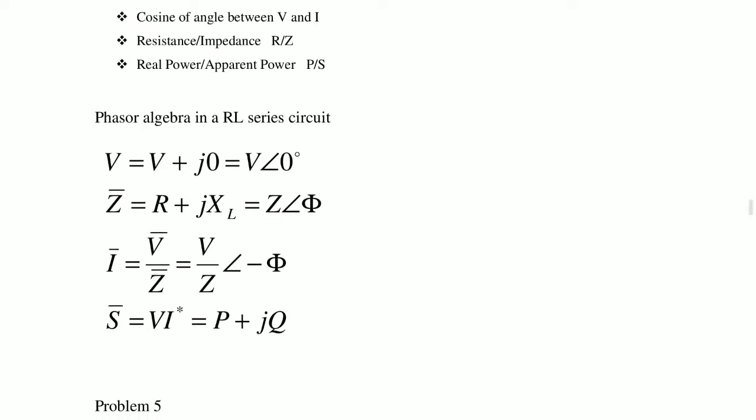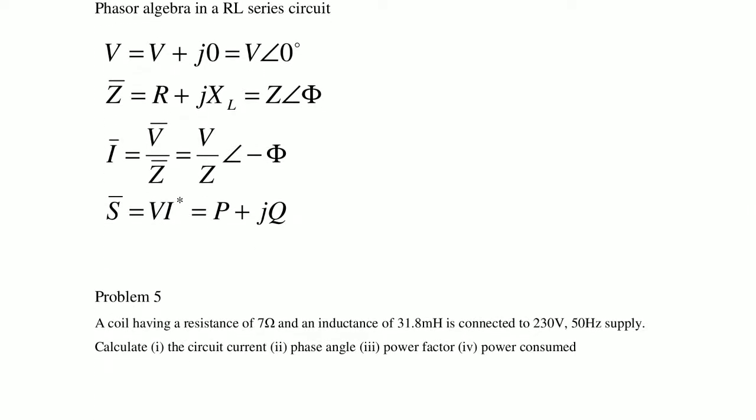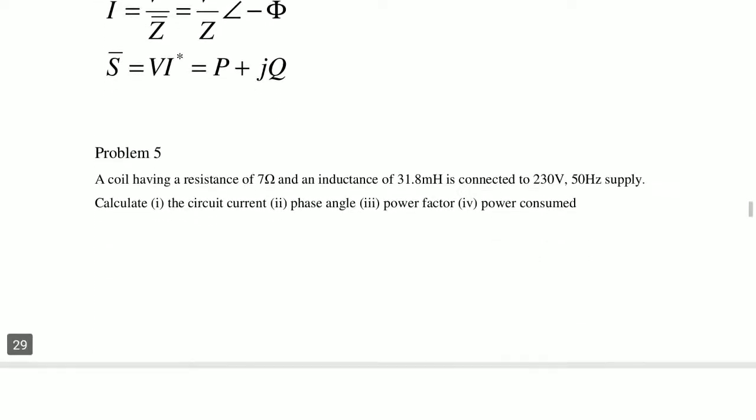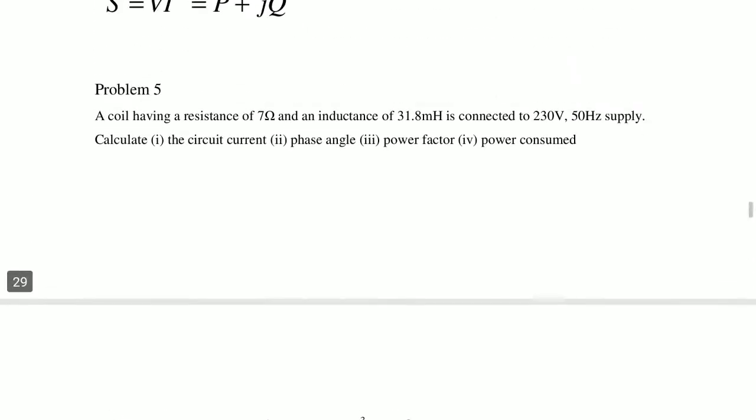Here is a problem: how can we calculate the current, phase angle, power factor and power consumed? A coil having resistance R of 7 ohms and inductance of 31.8 millihenries is given. Here L is given but not XL, so we have to determine XL.